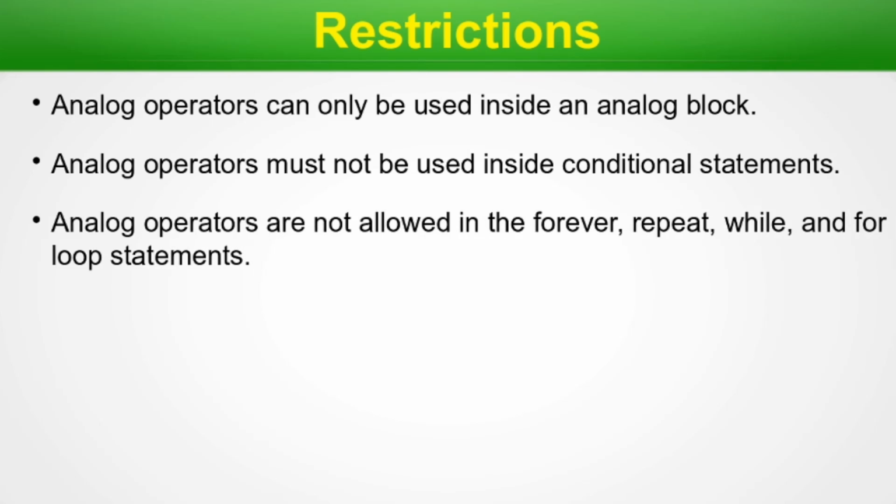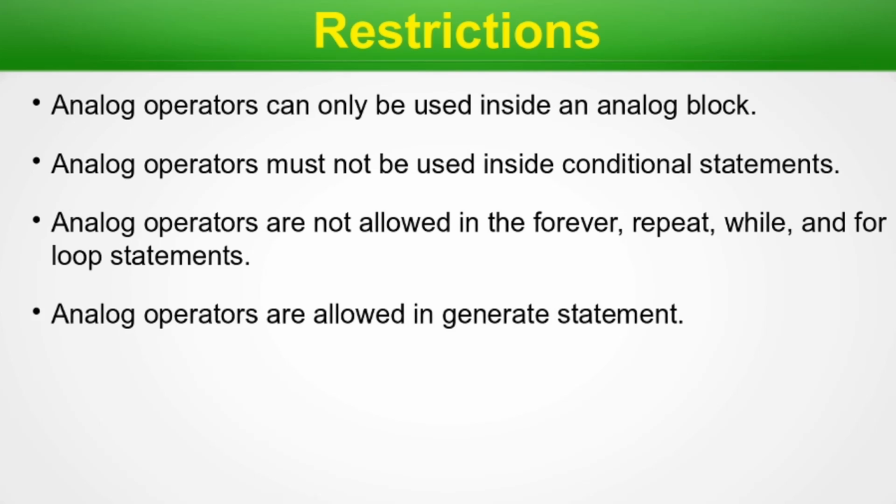Analog operators are not allowed in forever, repeat, while, and for loop statements. Analog operators are allowed in generate statements. So guys, the generate statement we showed an example a few slides back. We can use these analog filters inside the generate statement, but not in forever, repeat, while, and other things.